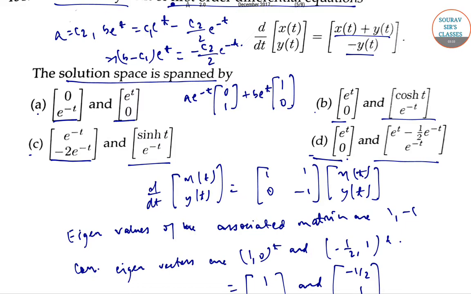The second condition is not possible for large t. Therefore, option A is incorrect.